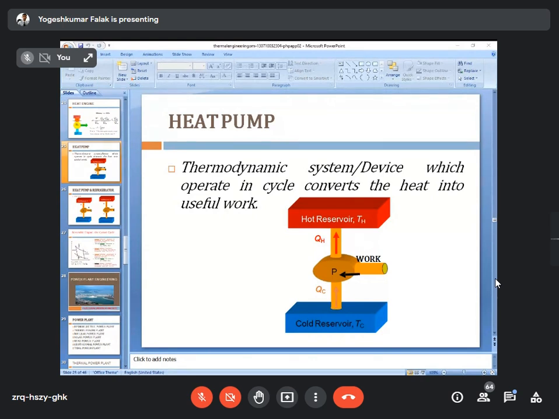Then, while the heat is generated in the house by the various appliances, so it's not the value of Q1, right? The heat generated in the house by various appliances is 40,000 kilojoule per hour.